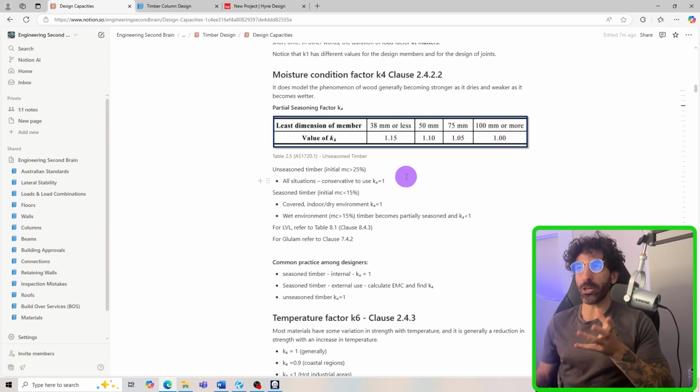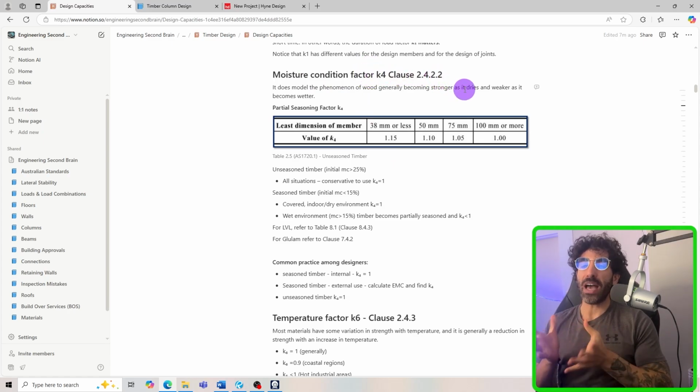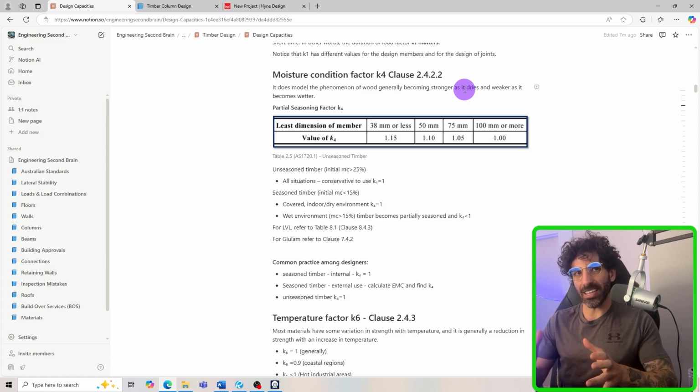Next is the moisture condition factor K4, which you can find in clause 2.4.2.2. What you have to understand about this factor is that wood becomes stronger as it dries and weaker as it becomes wetter. So dry, strong, wet, weak.